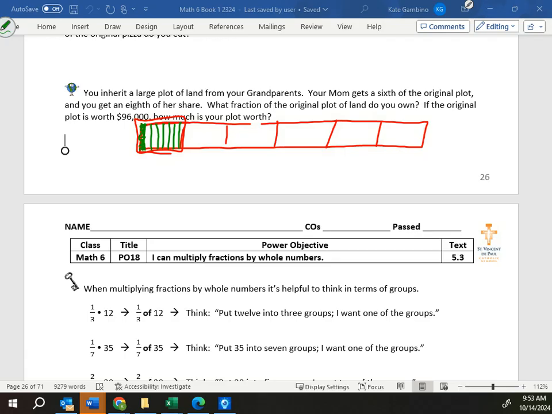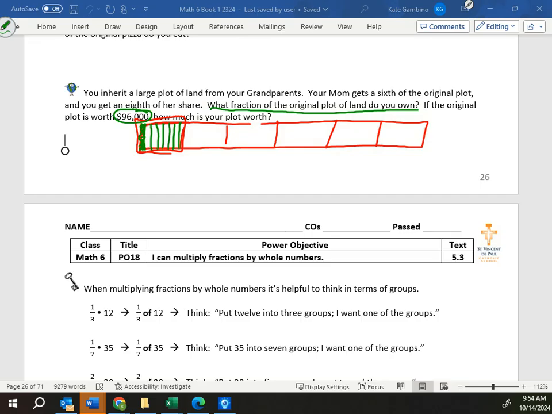So it says, what fraction of the original plot of land do you own? That's the first question. Then it says, if the original plot is worth $96,000, how much is your plot worth? So you need to figure out what fraction you're getting, and you need to figure out how much money it's worth.